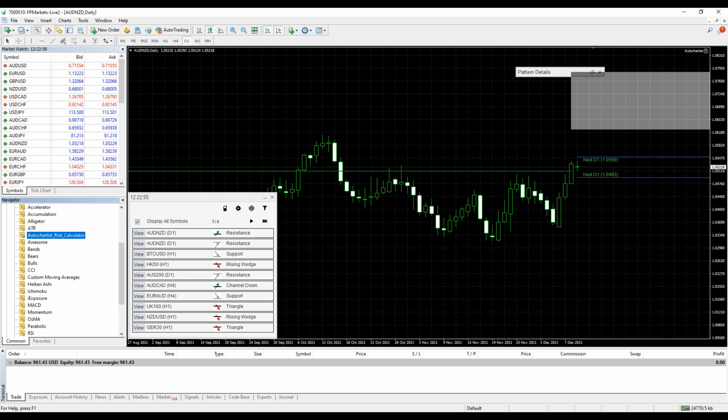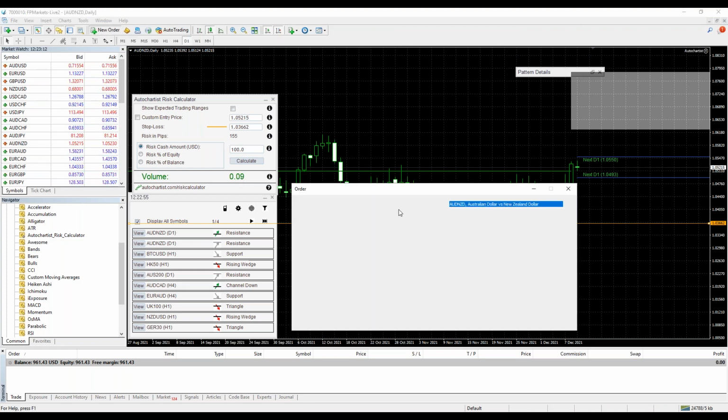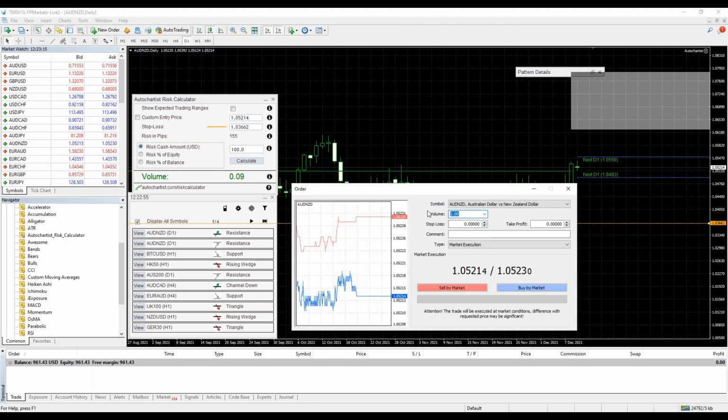So I'm going to take out my Autochartist risk calculator. I'm going to set my stop loss to be the previous turning point. And what I'm going to do is risk $100. So I must trade a volume of 0.09. So I'm going to set it to 0.09 with a stop loss here.